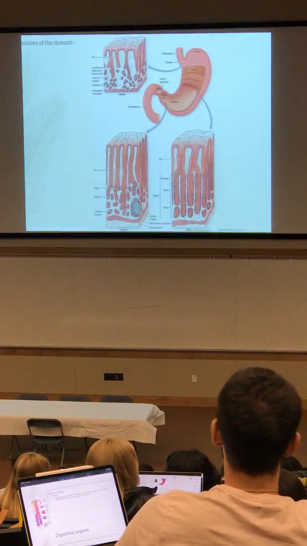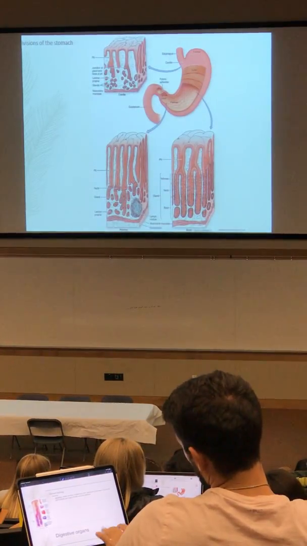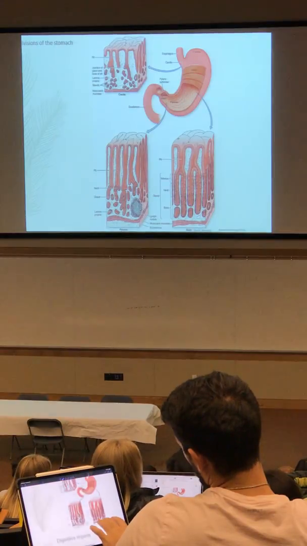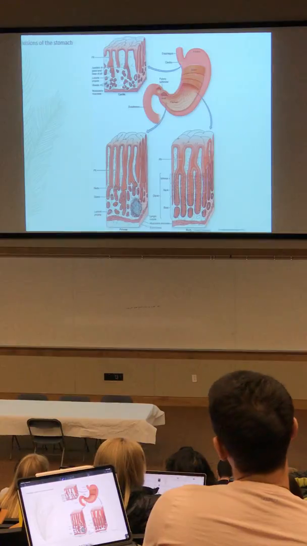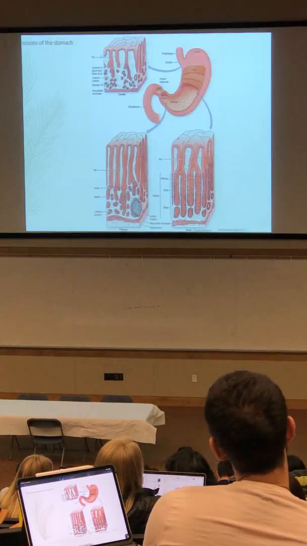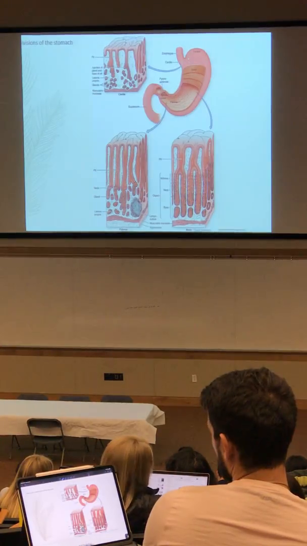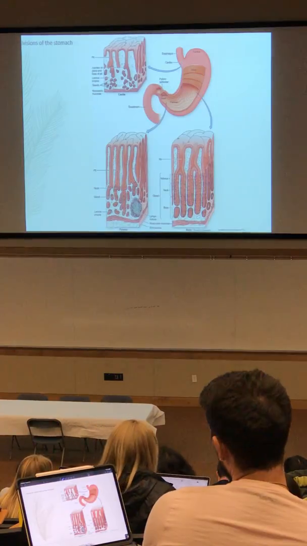All right, here's a picture from your textbook showing those differences. If you look at the picture at the top, I better stay here and use my mouse. Notice that we have these pits, and then at the bottom of the pits we have glands. Notice the pits are fairly shallow, the glands are fairly small, and this is just a very small portion of the stomach, right up here. The majority of the stomach is called the fundic stomach.